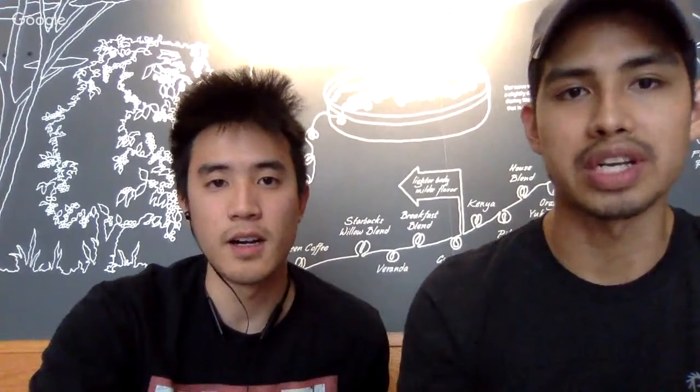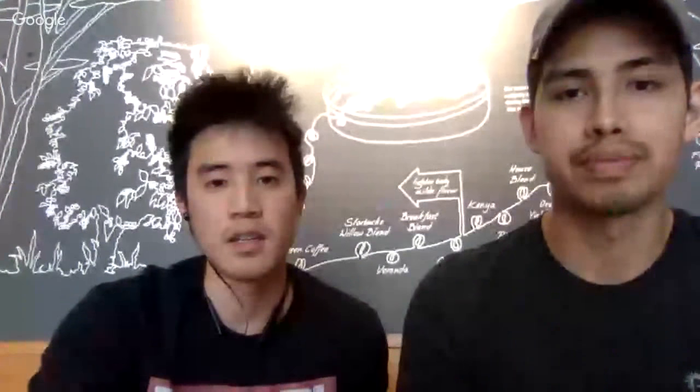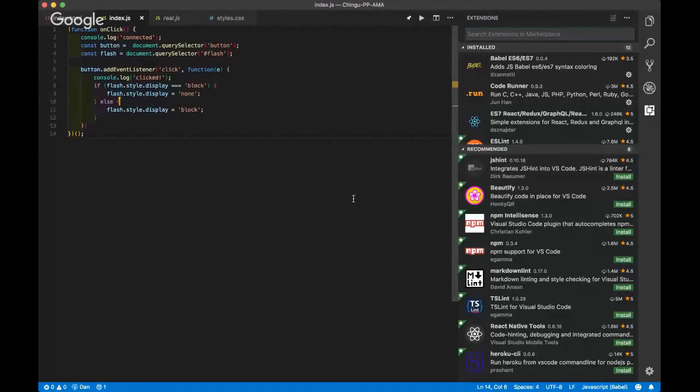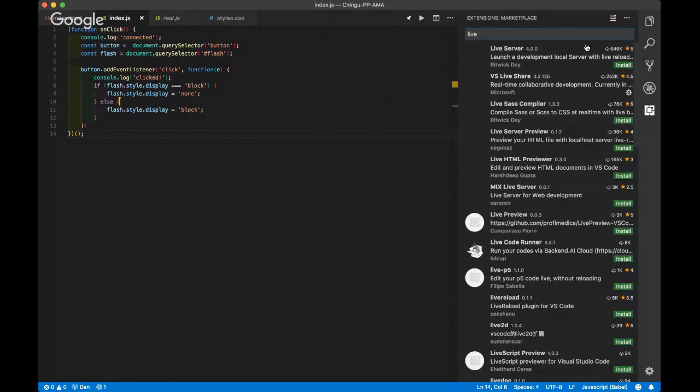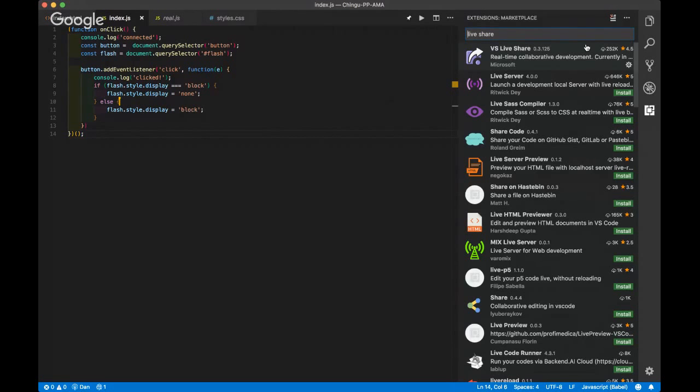So we're going to share the screen real quick just to show you guys where you can find VS Code Live Share, for those of you who don't know what that is. Okay, so in the terminal, I just went over to the extensions. And then what you said is just here. It should be just Live Share. Yes, Live Share. This one? I believe so, yes.